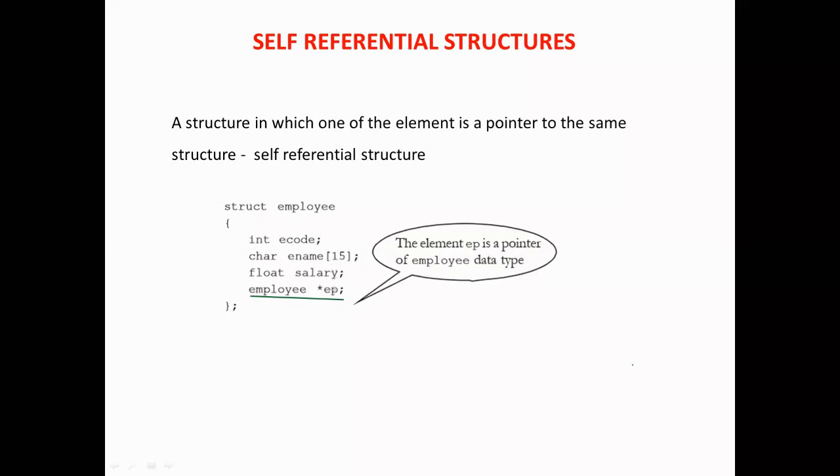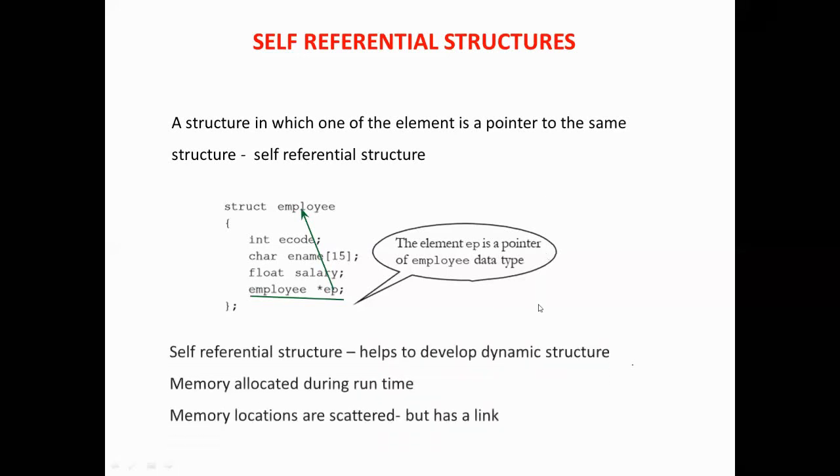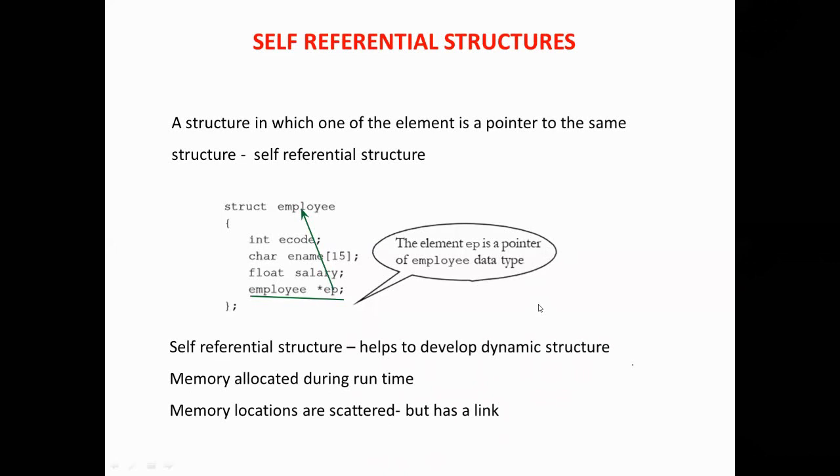Now, this itself becomes one of the elements of the same structure. This way of having a reference to the same structure within itself is known as your self-referential structure.